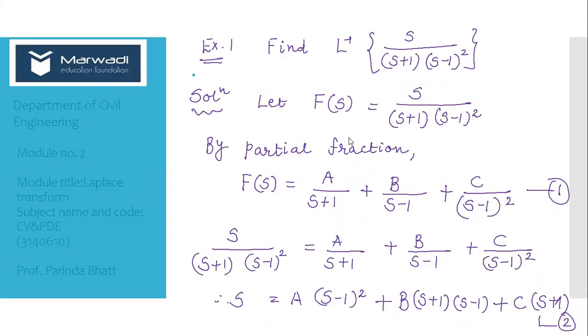And this question is very simple. The same steps follow as per type number 1. But here, when we take the LCM, we can't find these 3 values directly. First, we find 2 values, because there are 2 factors here and one factor is repeated.